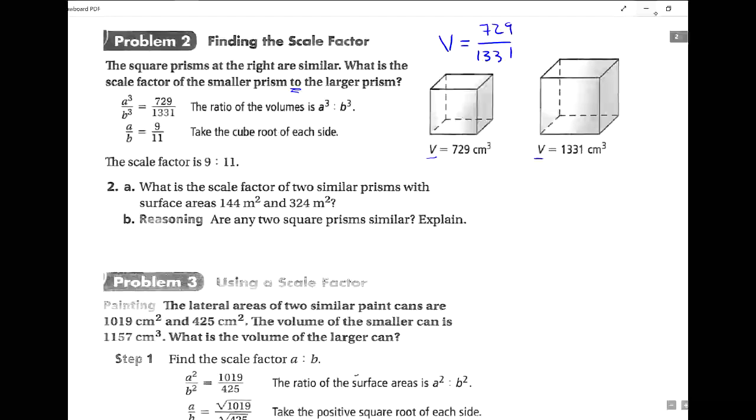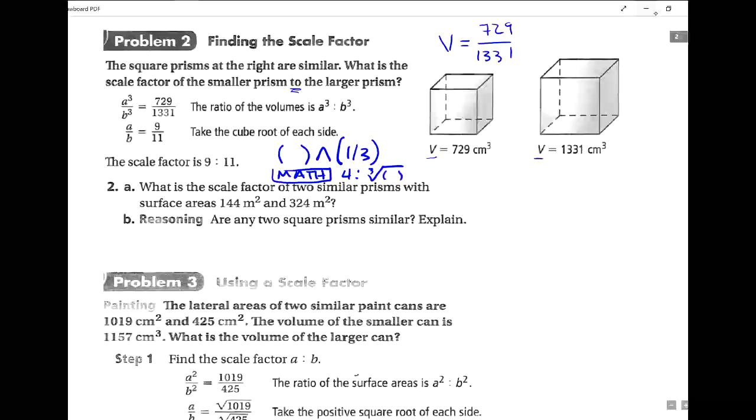So how do we get rid of cube? We cube root. And don't forget on your calculator, cube root is up hat. Don't forget your parentheses, 1 divided by 3, or your math button, number 4, and it gives you the actual cube root symbol.